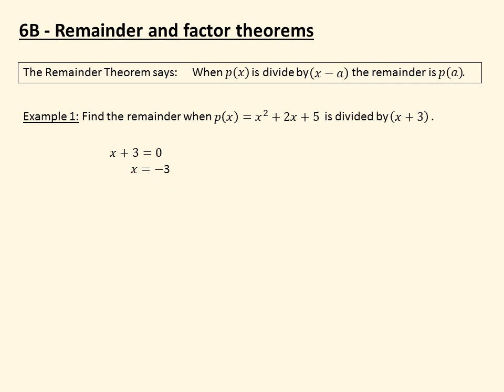This is the value we need to put into the polynomial p to find the remainder. So if we now evaluate the polynomial at minus 3, we get 8. This tells us the remainder when we divide p by x plus 3 would be 8.